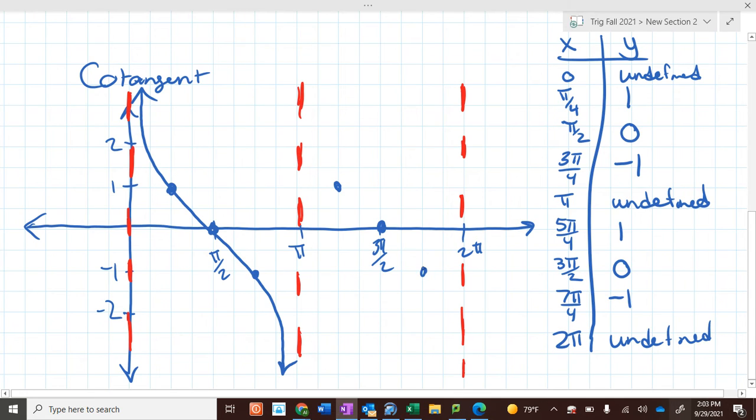Unless you're multiplying it by a negative 1, or negative 2, or negative whatever out front. Then I'll change it. But I'm not going to do that to you. Okay, I'm not going to have you multiply by a negative.